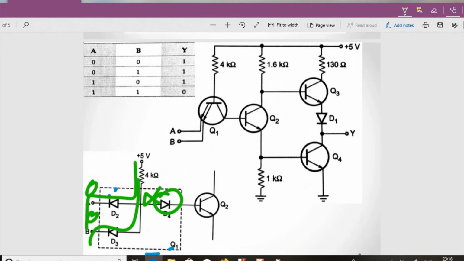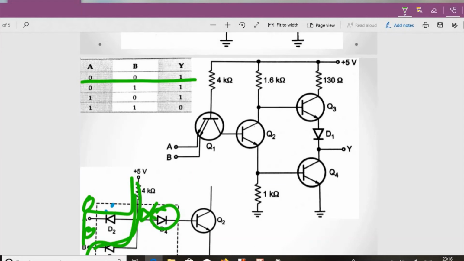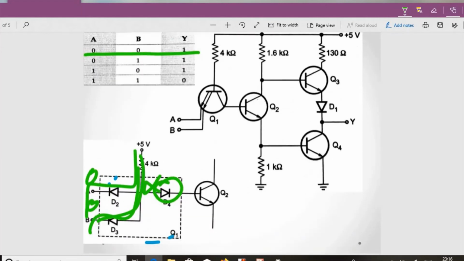So at this condition, that is 0 0, entire flow is through this. You can see that the entire current flows from this end. So what happens, nothing is flowing from here, so this Q2 is actually in off condition. So when it is in off condition, this becomes open circuit.